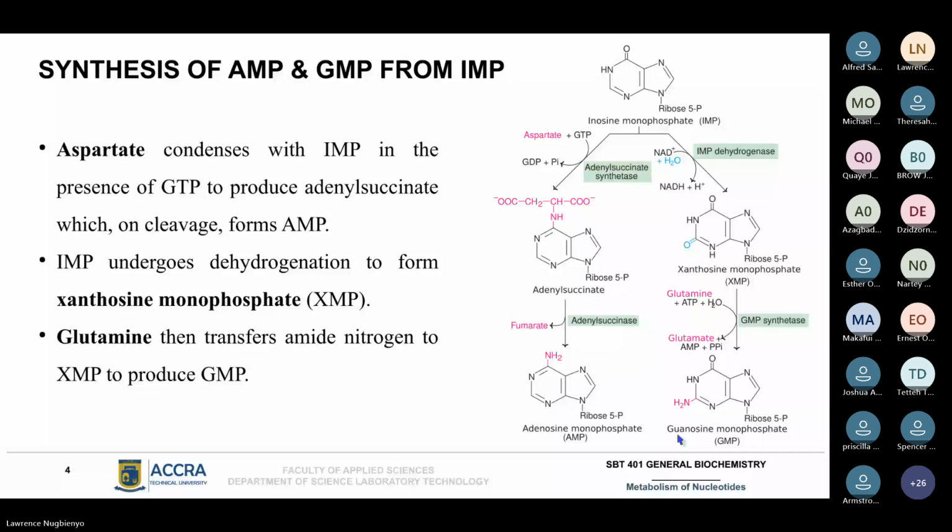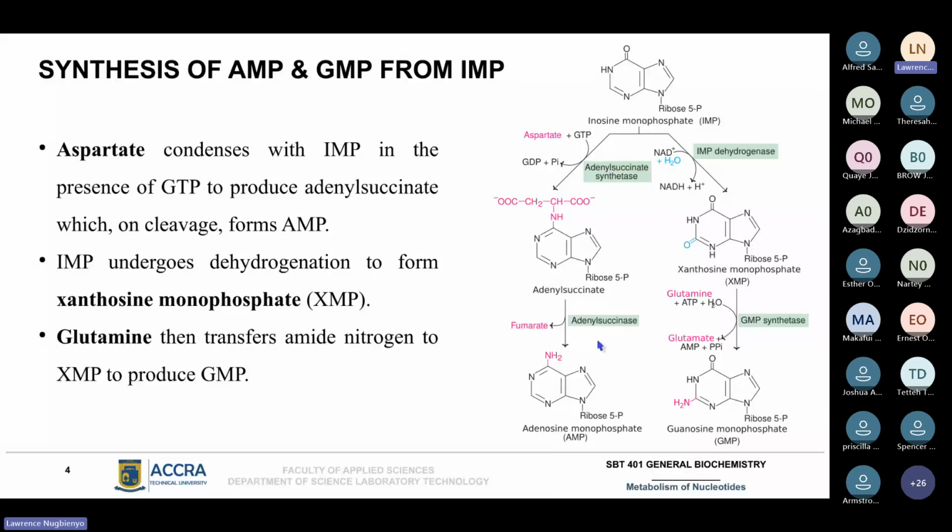Now, we see that again, the amino acids that are involved here are similar amino acids which we have seen earlier. The aspartic acid, glutamine. Here we don't see tetrahydrofolate playing any role in terms of donation of parts.